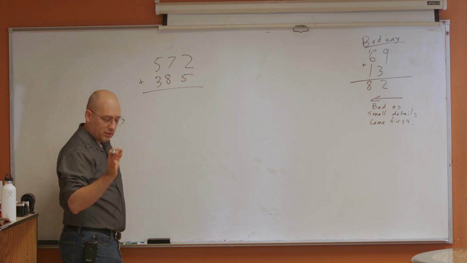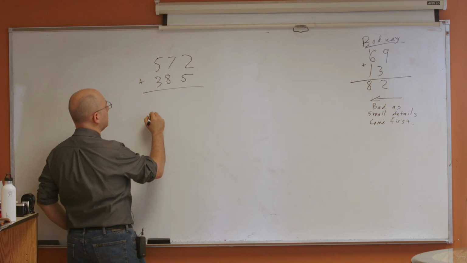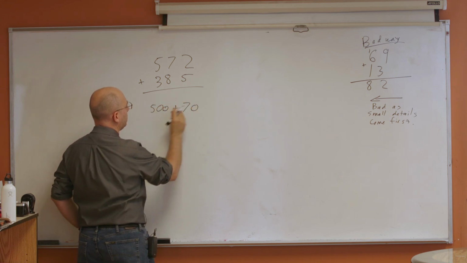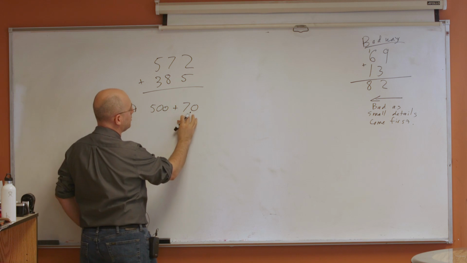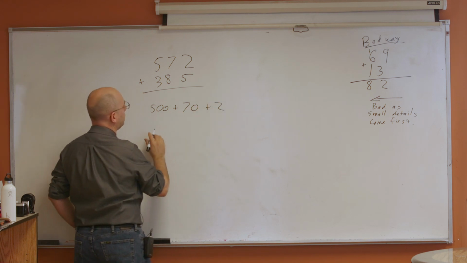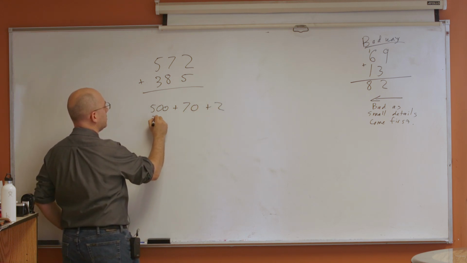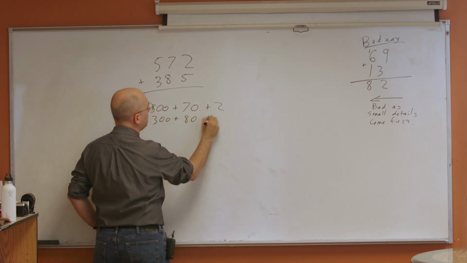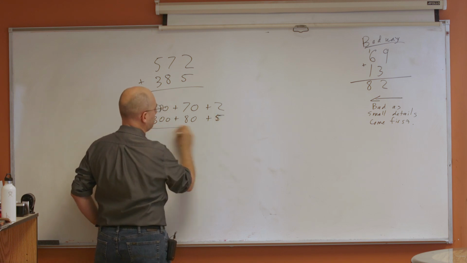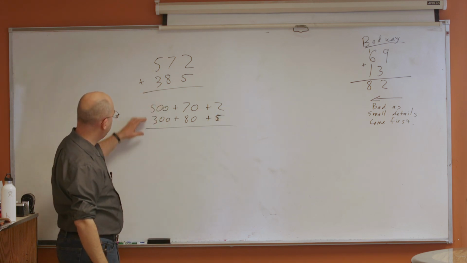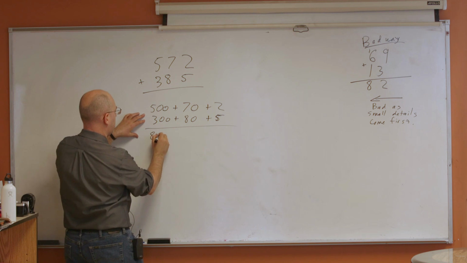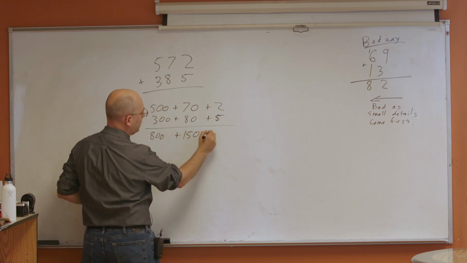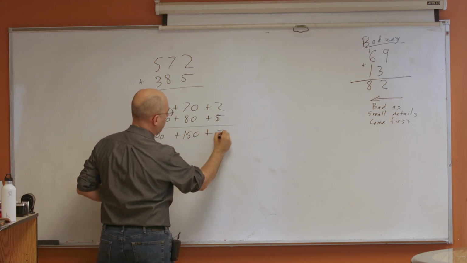Okay. The long drawn out way, just to remind what all this stuff means. 5 bundles of 100, 7 bundles of 10, 2 singles, 3 bundles of 100, 8 bundles of 10, 5 singles, and then you add them up: 800, 150, and 7.